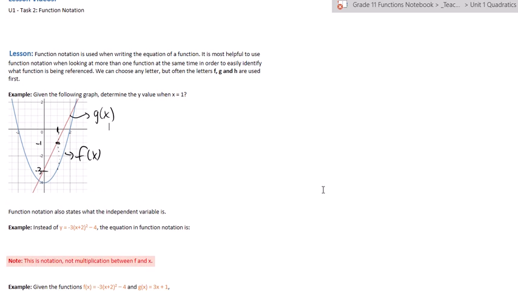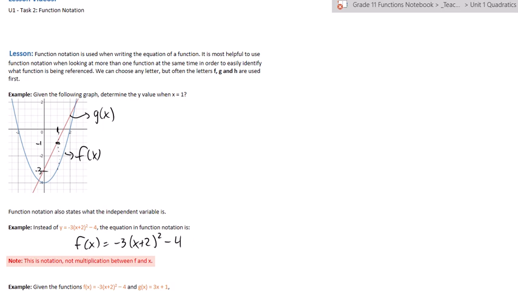So for example, instead of writing y equals -3(x + 2)² - 4, we are instead going to write f of x equals -3(x + 2)² - 4. Same thing, instead of y, it's f of x.